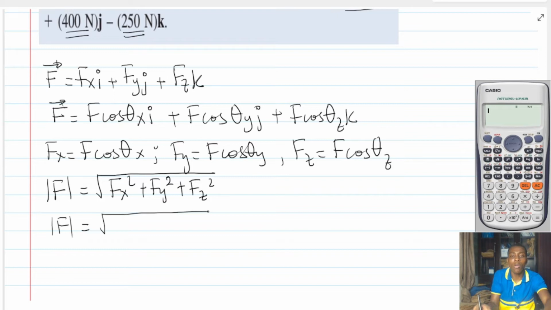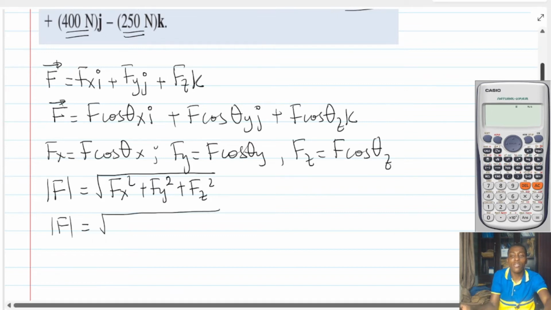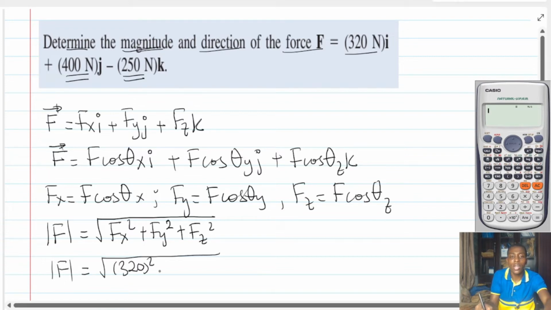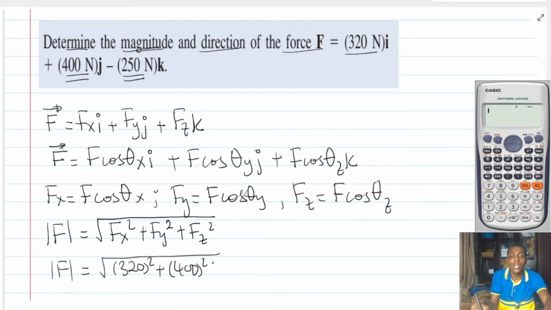So the magnitude is going to be the square root of the component of the force along the x, which is 320, so 320 squared, plus 400 squared, plus minus 250 squared. Let's pick our calculators and do this together.